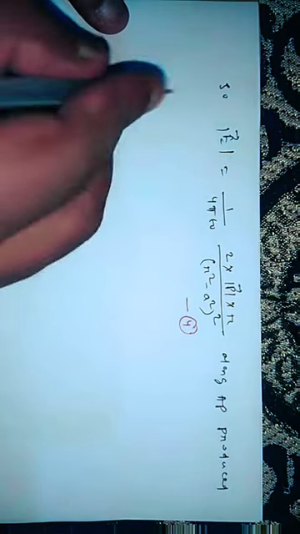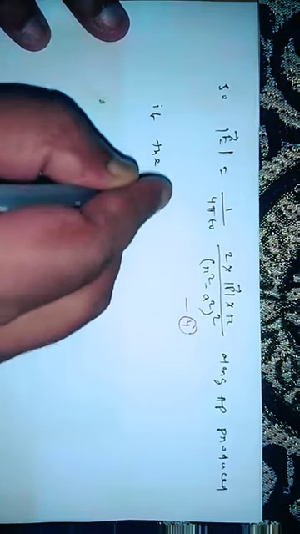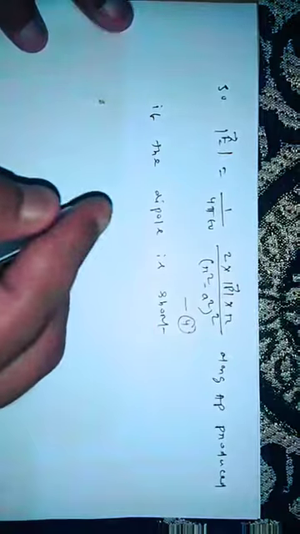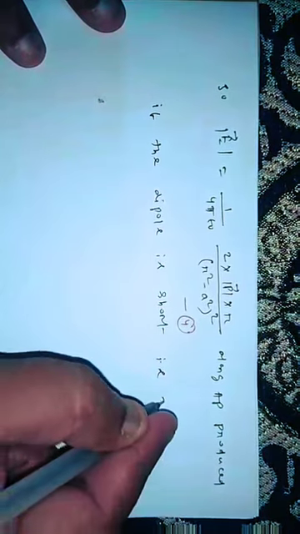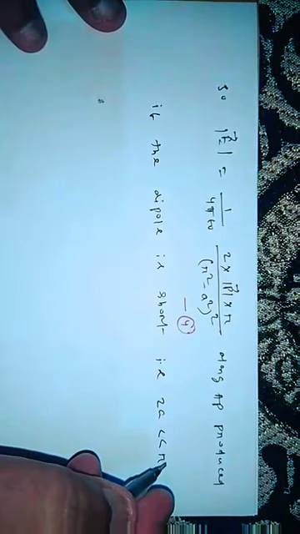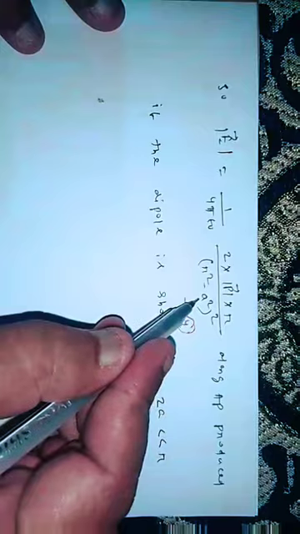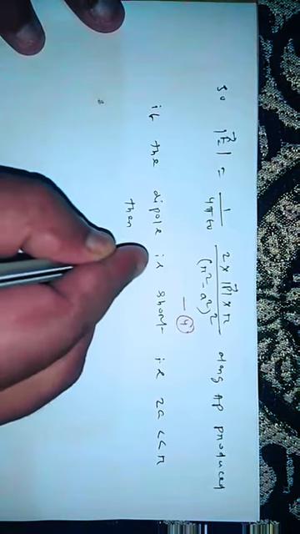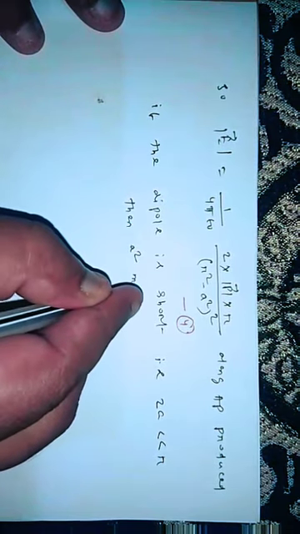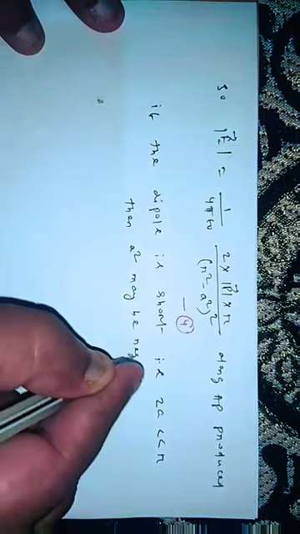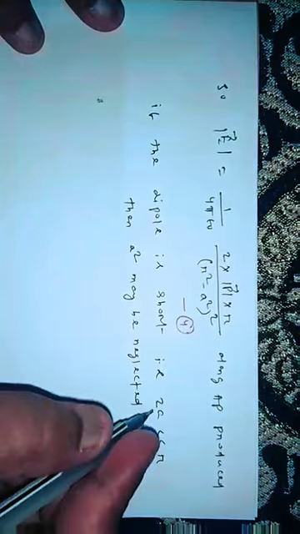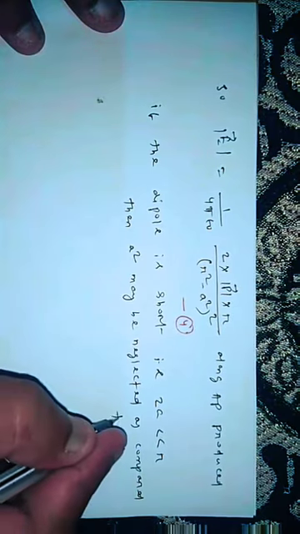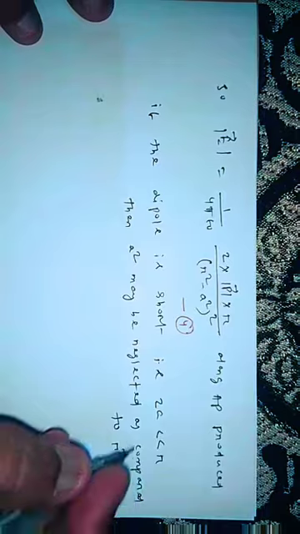So if the dipole is short, that is 2a is much less than r, then a square can be neglected as compared to r square.